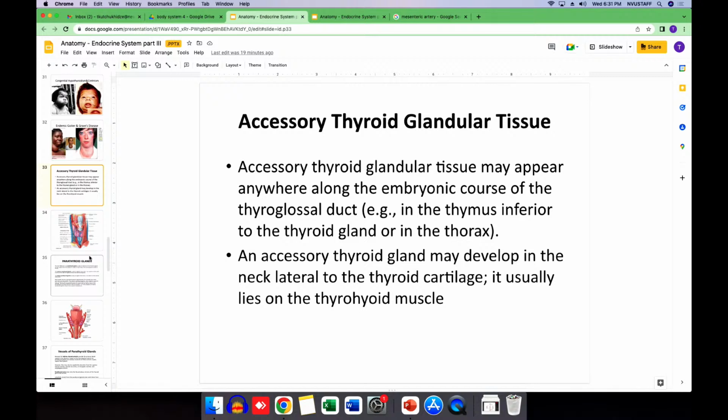So somewhere in this region, right? The accessory thyroid gland may also develop in the neck, lateral to the thyroid cartilage, and it usually lies on the thyrohyoid muscle. The symptoms of a patient with an accessory gland will be the same, as it is producing our T3 and T4, but not located in the thyroid gland.